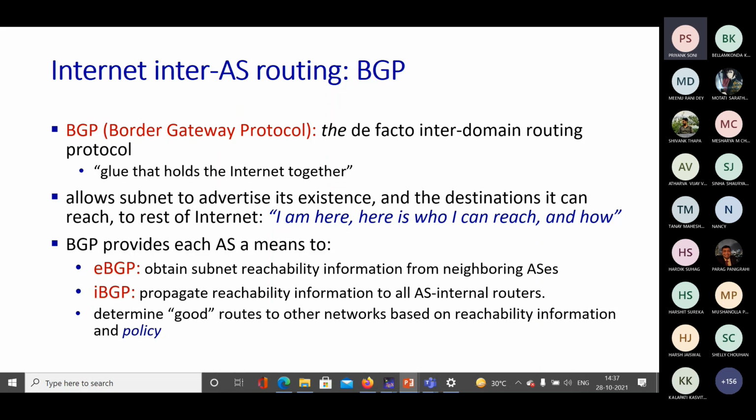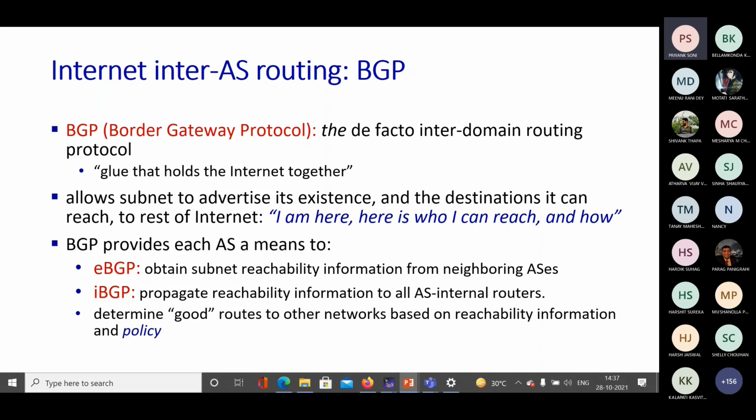So what does BGP do? BGP basically provides each AS a way in which it can, number one, obtain the subnet reachability information from neighboring ASs, that means which subnet can be reached from which AS, and number two, propagate this reachability information to all the routers which belong internally to a given AS.